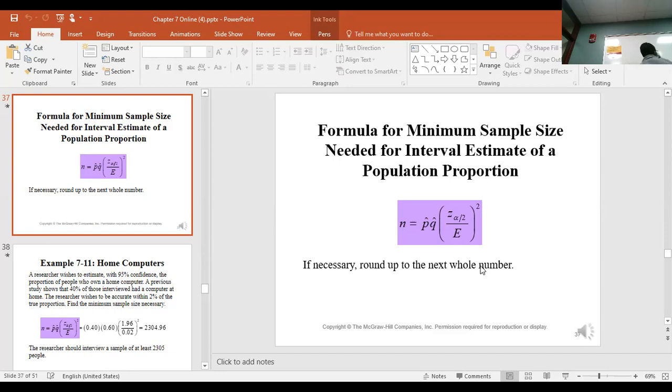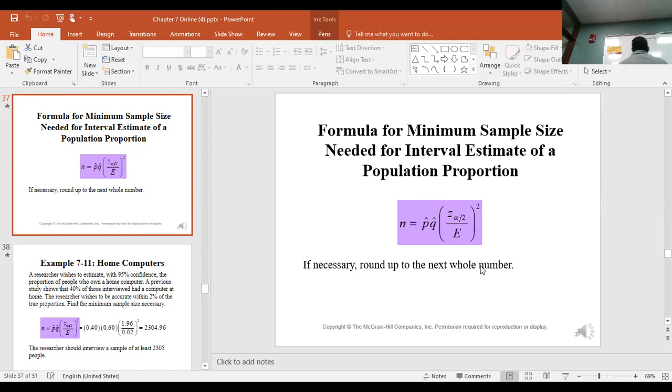So as simple as that, finding p hat and q hat using the information from the sample and using it to compute the margin of error. Minimum sample size for proportion.